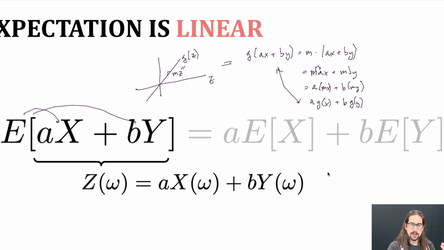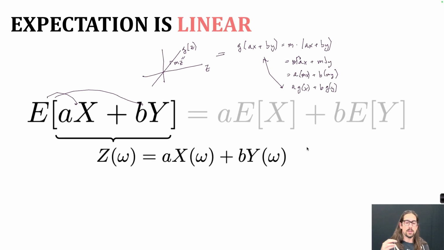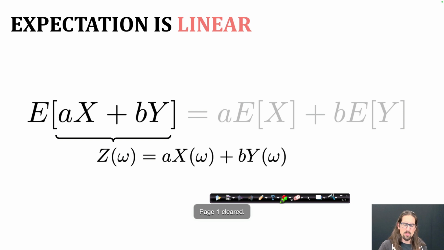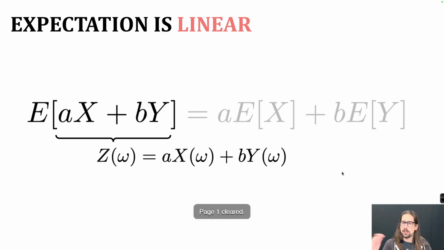And so we say that expectation is linear because it obeys this property. And you see this again and again in math. There are a lot of different operators and functions that are linear, even though you can't really think of them as a line per se, or as having a graph, because they're mapping not between numbers and numbers, but between random variables and other more complicated objects. So this is just why it's called linear.